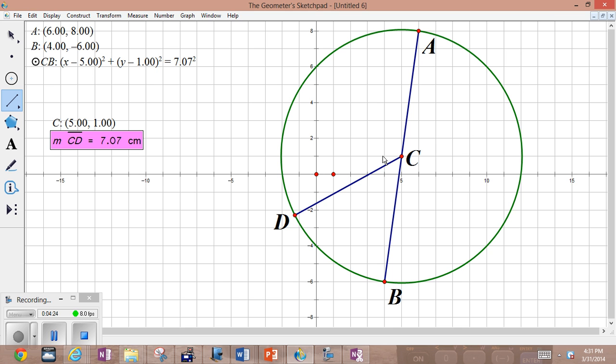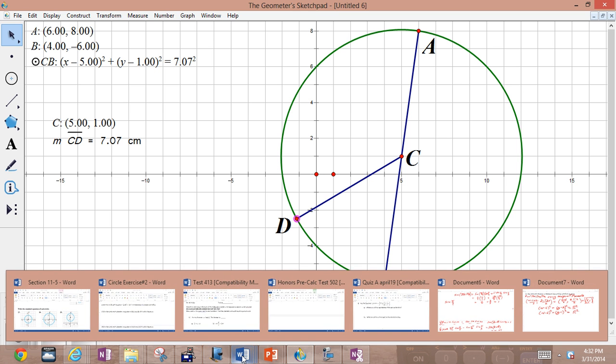Any point on that circle includes these two points, A and B. So all I have to do is compute the distance from C to either point A or B. Now in class what we did was compute the whole length of the diameter and cut that in half. But since we already have the center, let's go from C to A or from C to B, and that's our radius. So let's see what that produces for us.